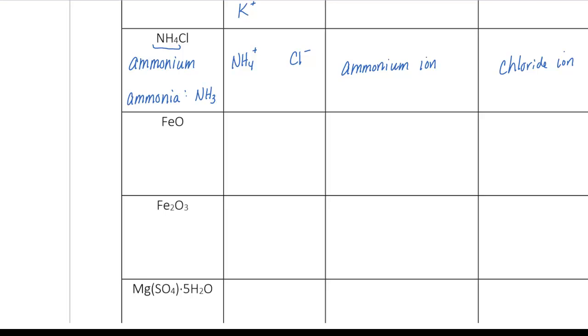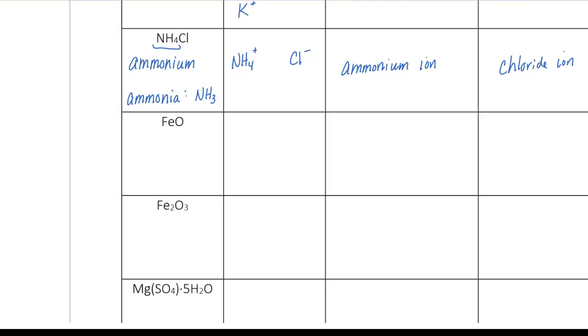So this seems pretty straightforward, and it is, especially for compounds in which the cations and anions form consistent charges. And so, for example, calcium is always going to be +2. Sulfur is, for our purposes, always going to have a -2.